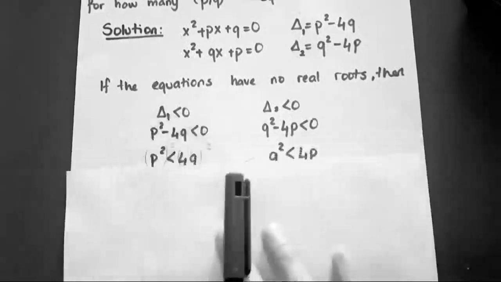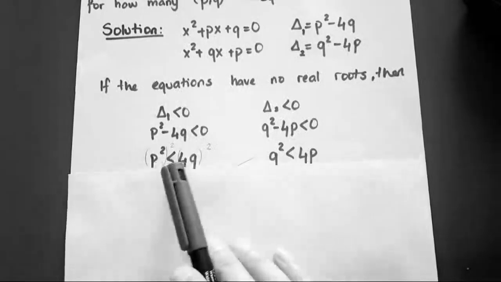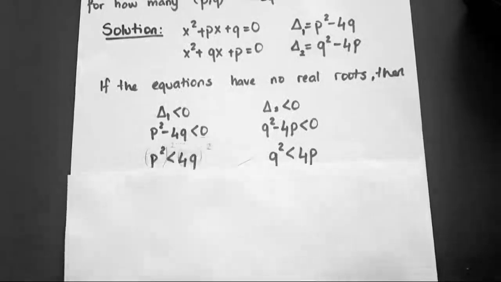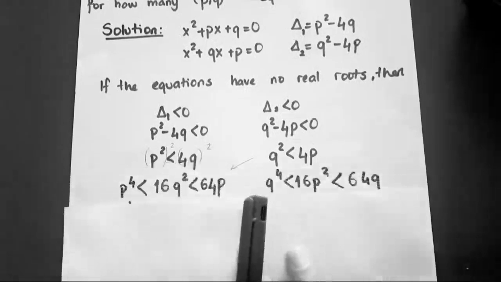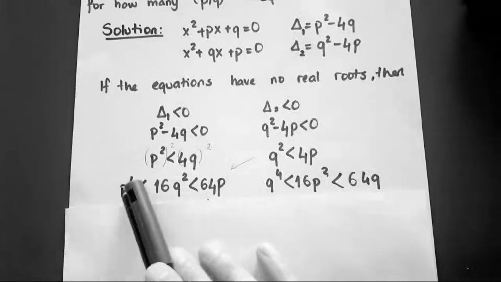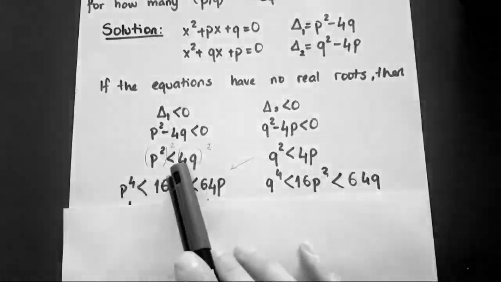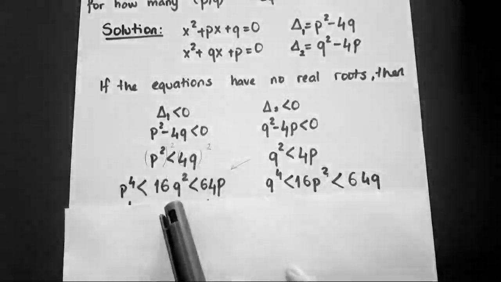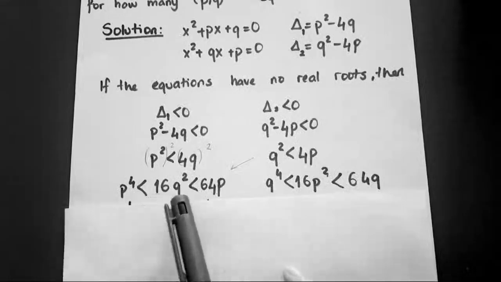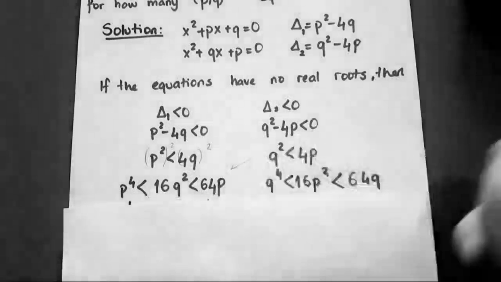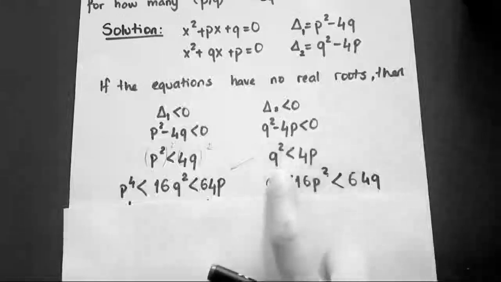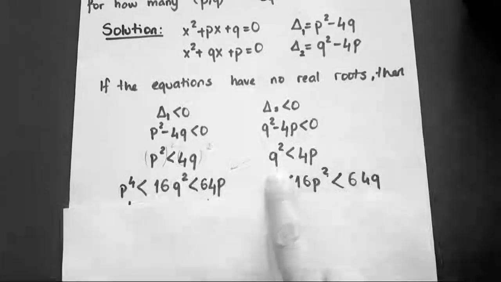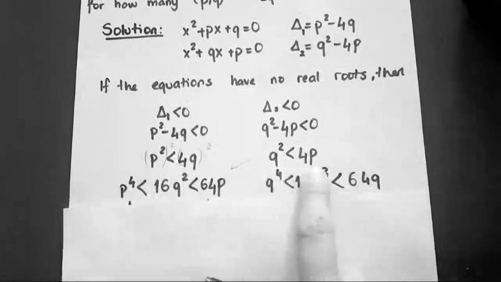The first delta. If p squared is smaller than 4q, can I square both sides of the inequality? I can. So it will be p to the power of 4 smaller than 16q squared. Then let me check the second one. q squared minus 4p, if it's smaller than 0, then we can say that q squared is smaller than 4p.